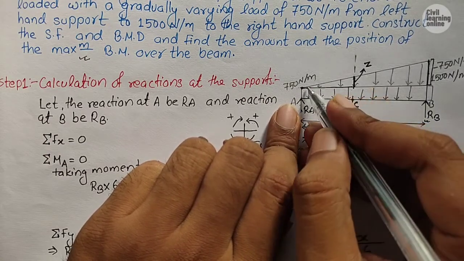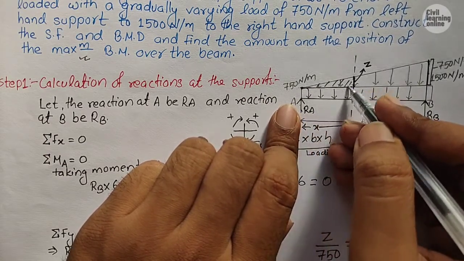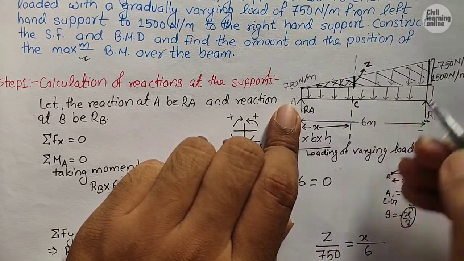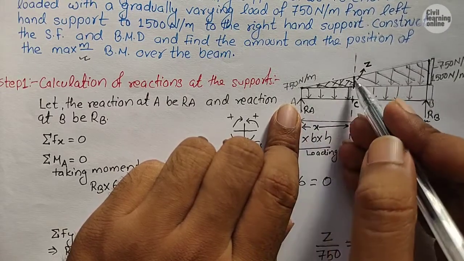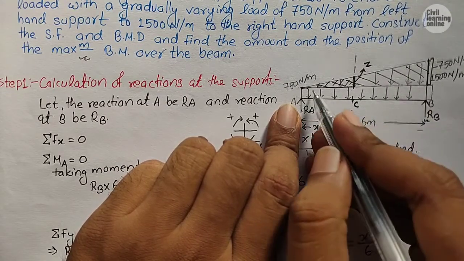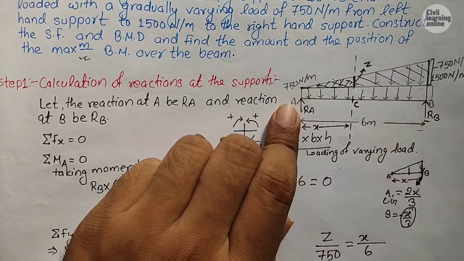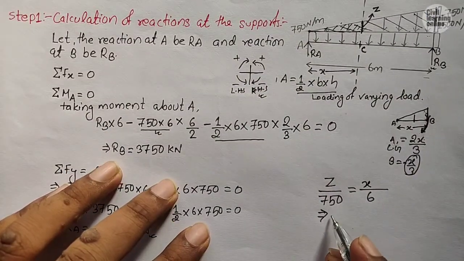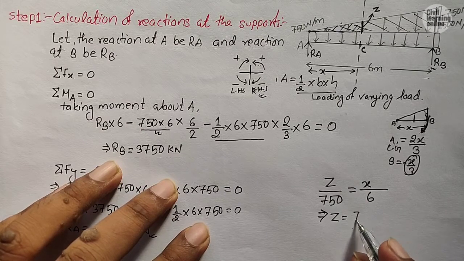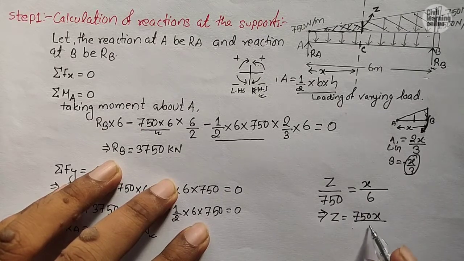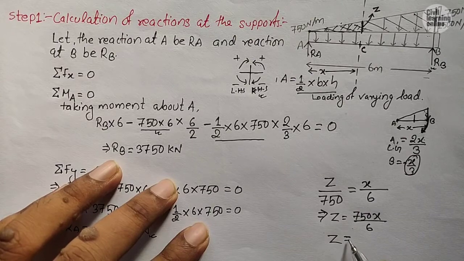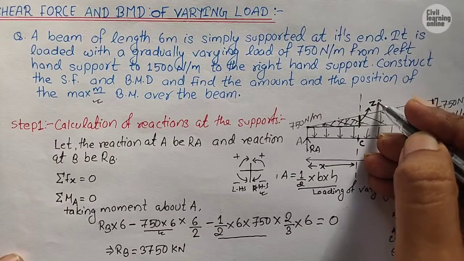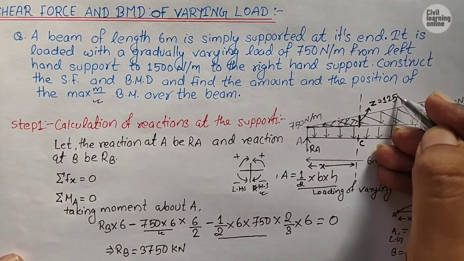I have considered this triangle and this whole triangle, so it is Z by 750 and x by 6 meter. From here we will get the value of Z on solving this proportion, that is Z equals 750x by 6, and we will get Z equals 125x.